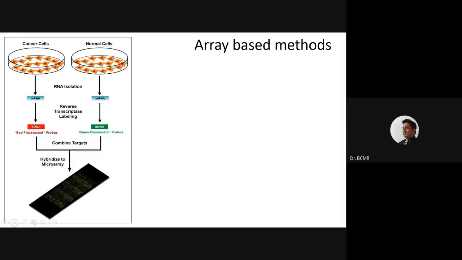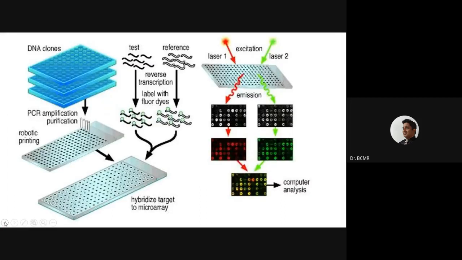We have also discussed array-based methods. The same thing, but array, I hope you remember, where we have a large number of spots like this. That is an array of spots here. And I think we already discussed this.